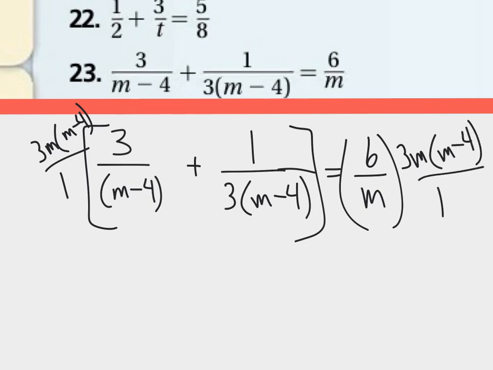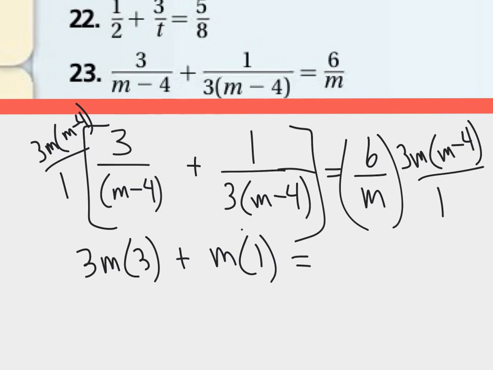On the left side, if you can imagine this, the m minus 4's would cancel if you would work with those first fractions. So that'd be left with 3m times 3. The second parts, the 3's would cancel, the m minus 4's would cancel. We'd be left with an m. So 1 times m, or m times 1 if you want.